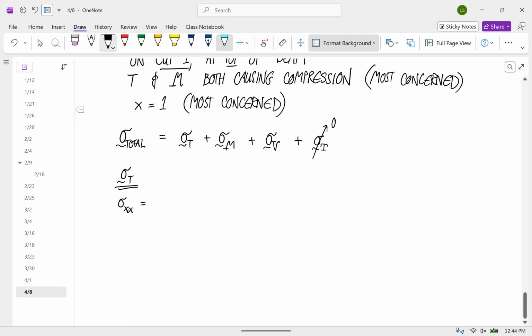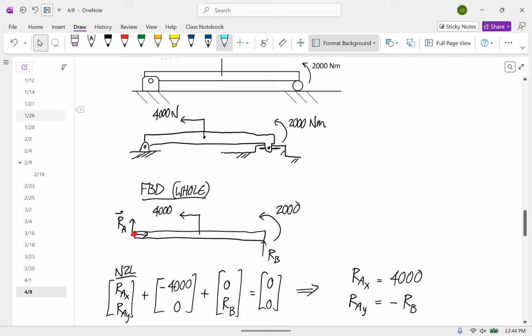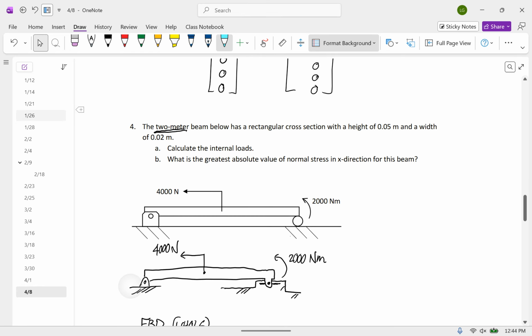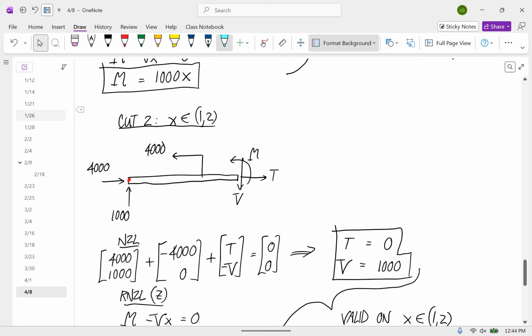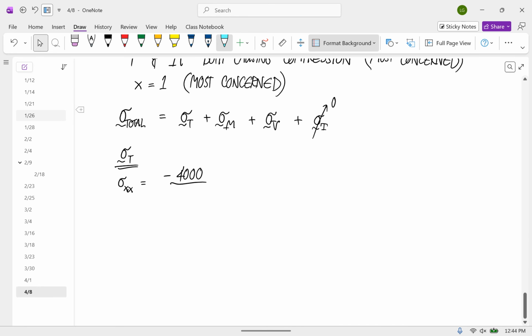So σXX is equal to the tension compression value divided by the cross-sectional area. This is rectangular, 0.05 times 0.02, so that's 0.001 square meters. And so the value here is negative 4.0 times 10 to the 6.